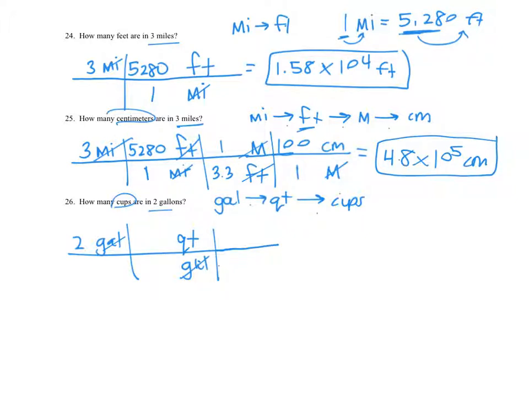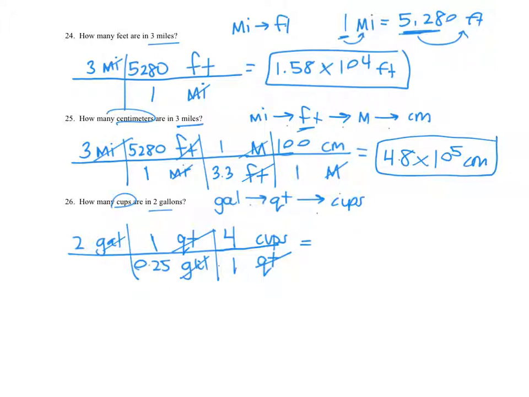Either way you want to do it, but according to the chart, it's 0.25 gallons, make sure everything matches, in 1 quart. And then I'm going to get rid of quarts, so put that on the bottom again, always put it opposite. And then I'm going to do cups on the top, what I'm looking for. So make sure you do 4 with the cups and 1 with the quart.